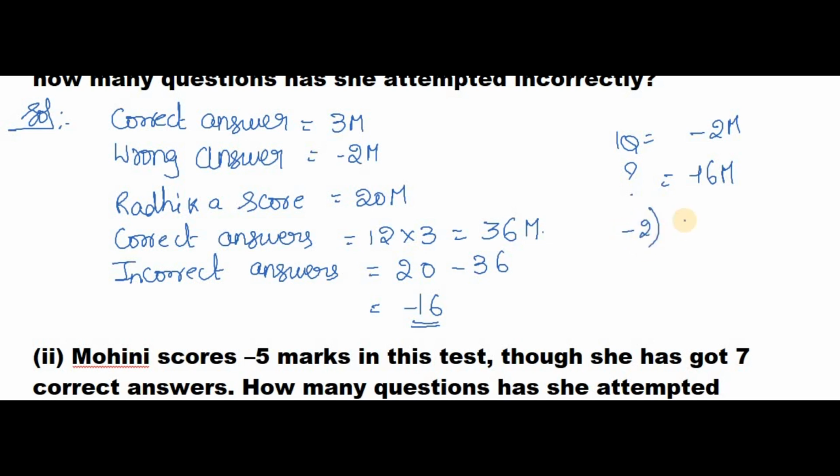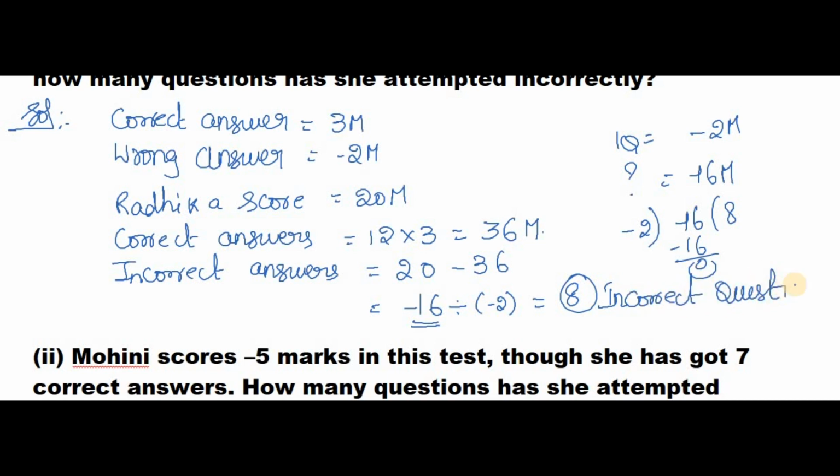So minus 16 divided by minus 2. 2 eights are 16, so minus 16 divided by minus 2 is equal to 8. She wrote 8 wrong questions. That's what is given here.